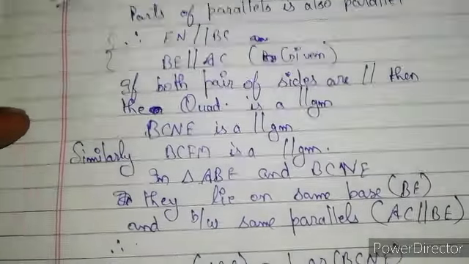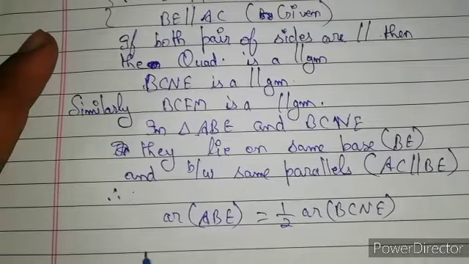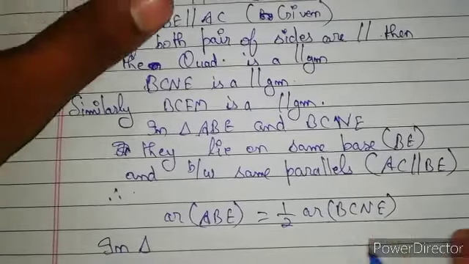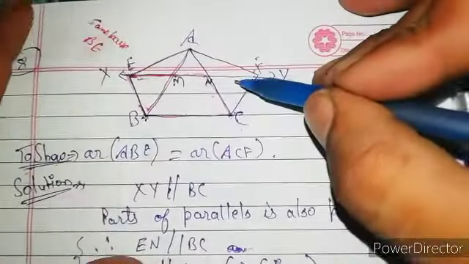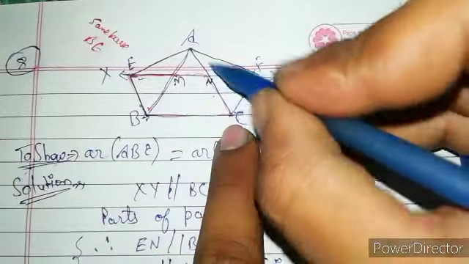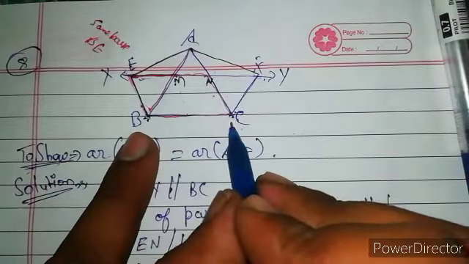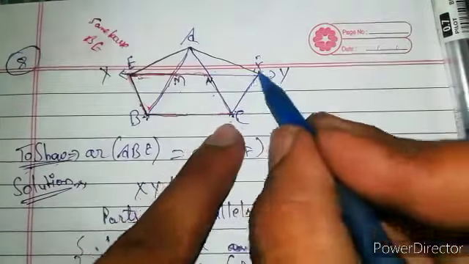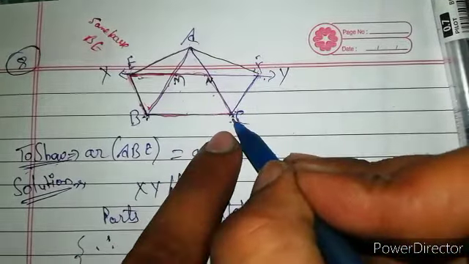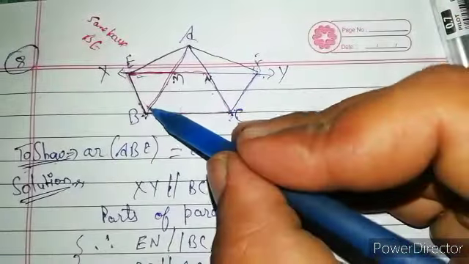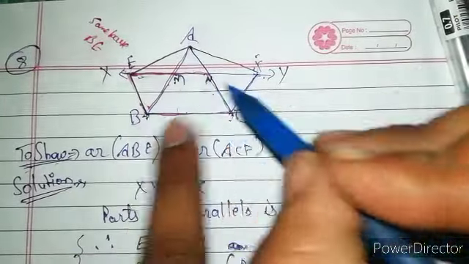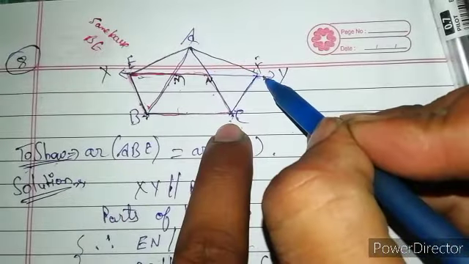Now similarly we can see this figure: triangle ACF and which parallelogram? BCFM. They have the common base, which is CF, and they lie between the same parallels. Look, BM is parallel to CF, then AB is also parallel to CF.